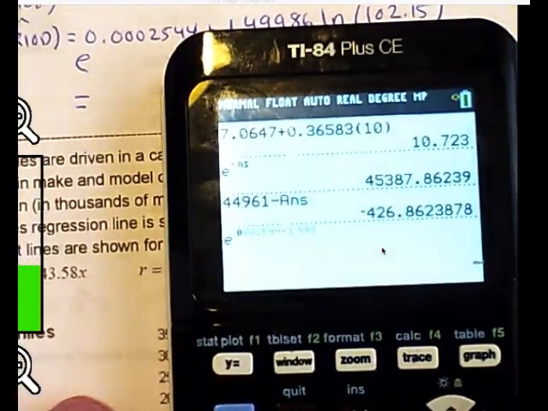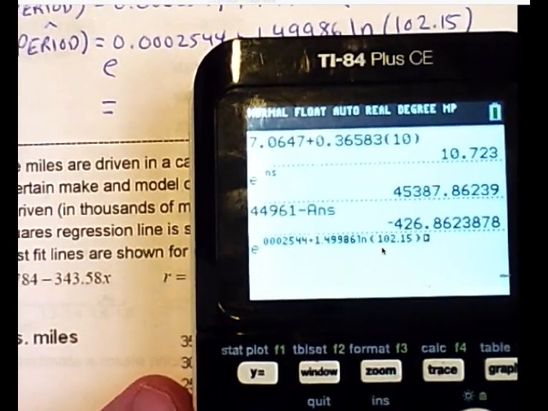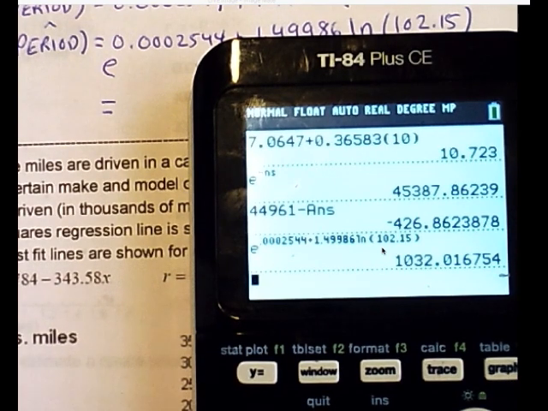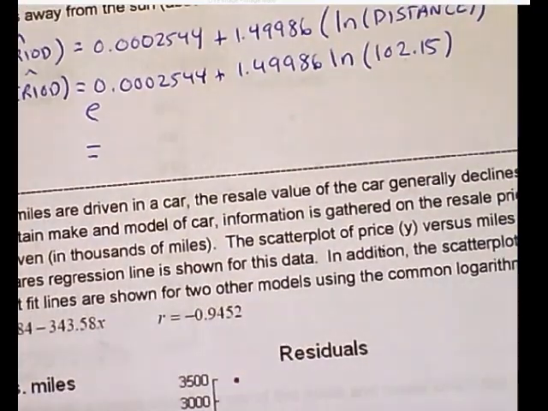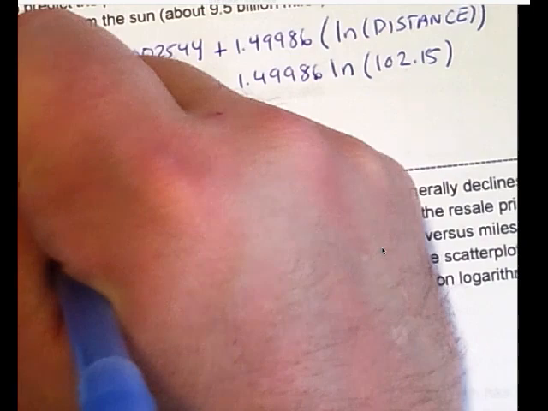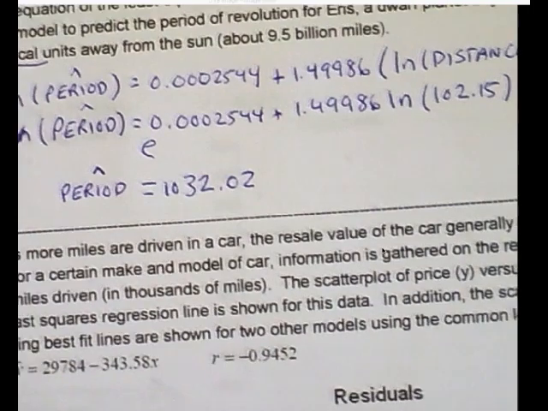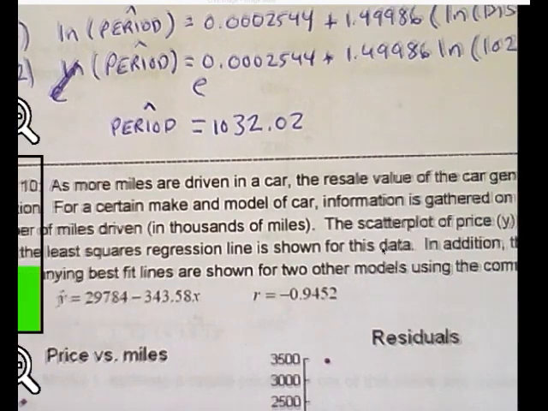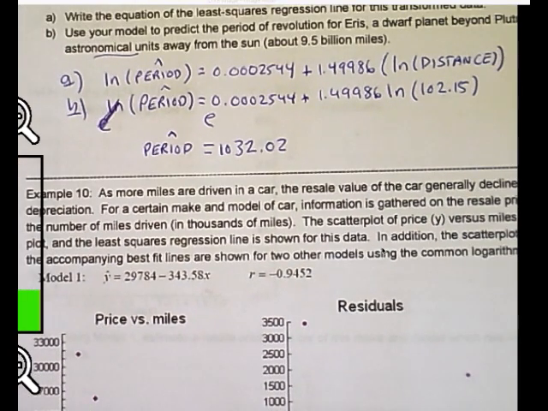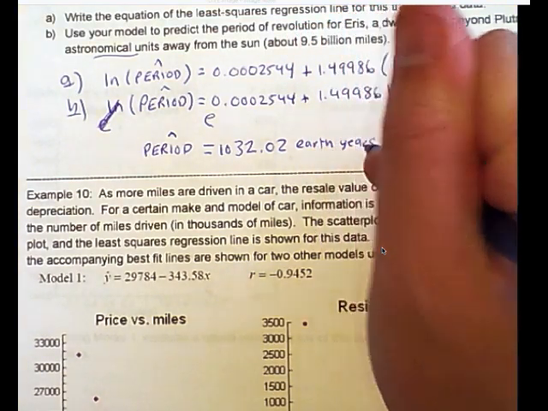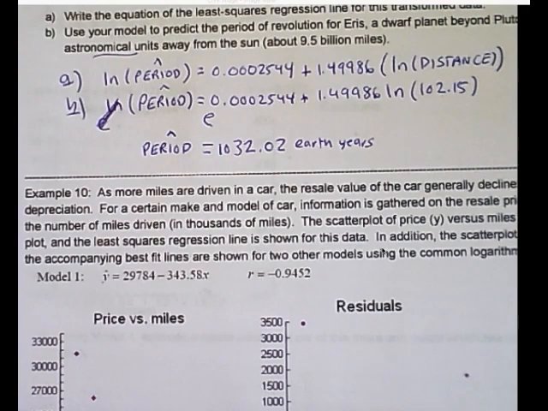I can do that in one step in the calculator. Hit enter, and there we go: 1032.02. So that's what the period would be. If it takes the Earth 1 year to go around the sun, it takes this dwarf planet the equivalent of 1,032 Earth years. Okay, that's how long it would take that planet to go around the sun.